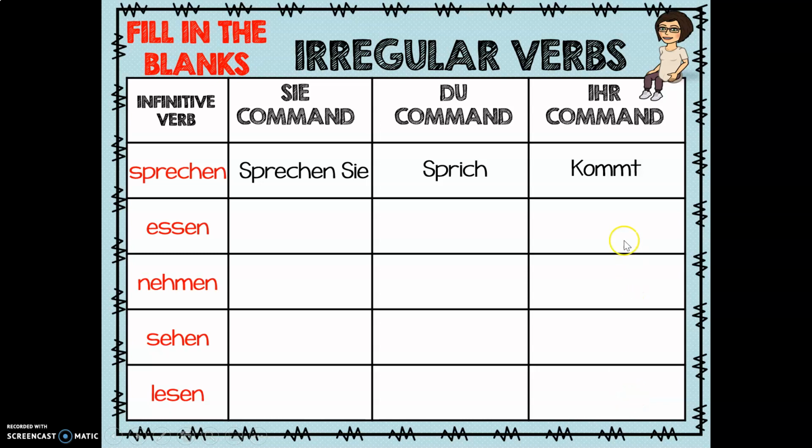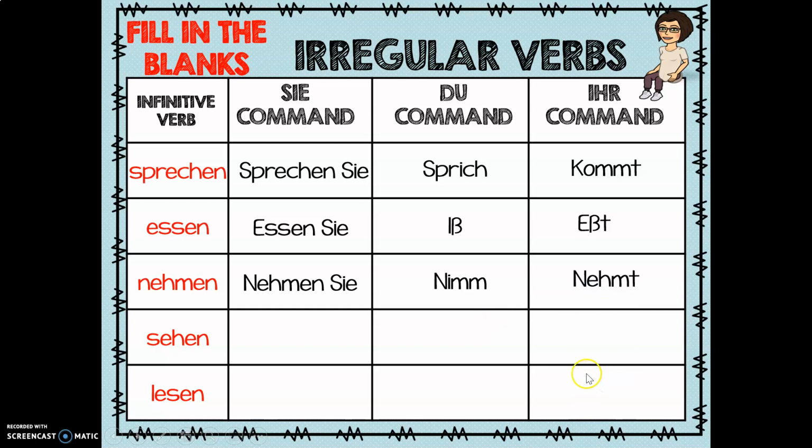Ihr is going to, oops, that's wrong. It should be sprecht, S-P-R-E-C-H-T. Essen Sie, iss, because you conjugate for du and drop the st. And esst, same conjugation as the normal ihr verb. Nehmen Sie, nimm, conjugate for du, drop the st, and nehmt.